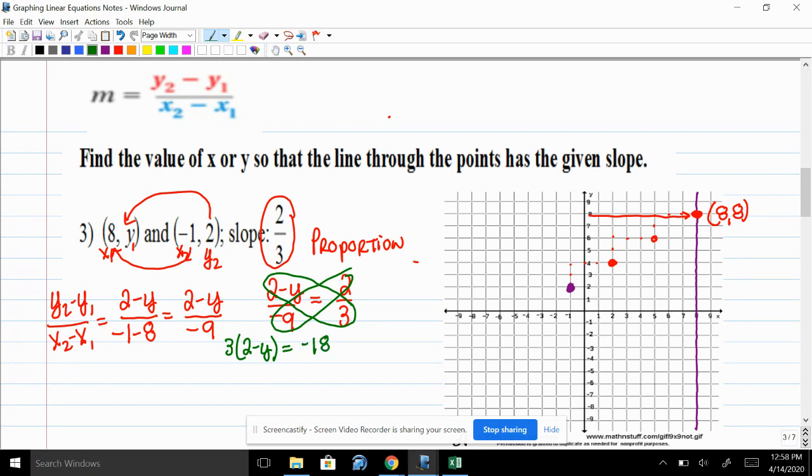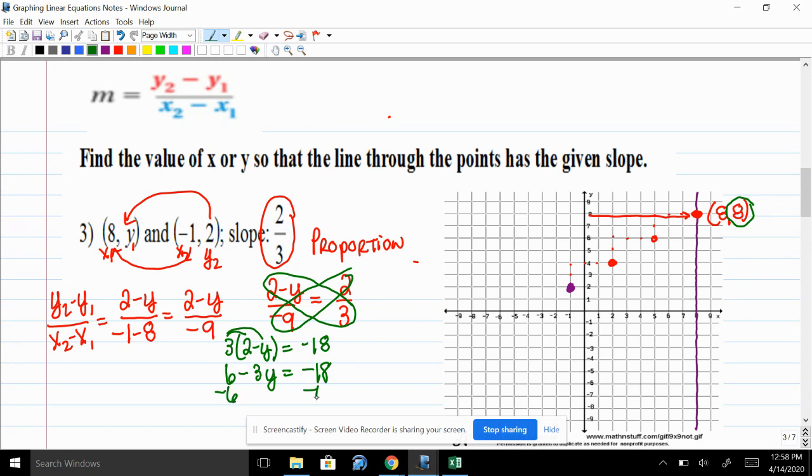And then I just have an equation that needs to be solved. If I solve this correctly, what do you think I'm going to get? Well, I better end up with 8. Not that 8, it's actually this 8. So distribute the 3 to the 2 and the y. That would be 6 minus 3y is equal to -18.